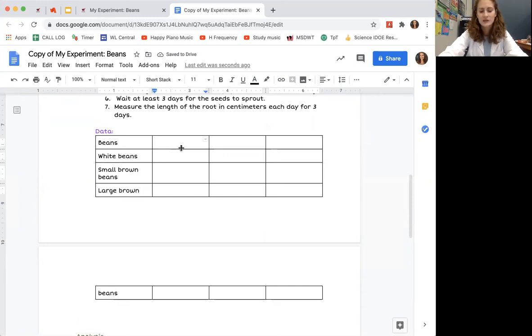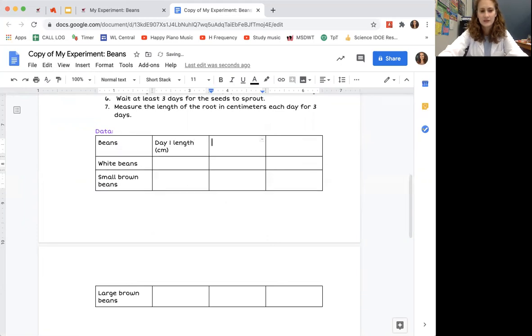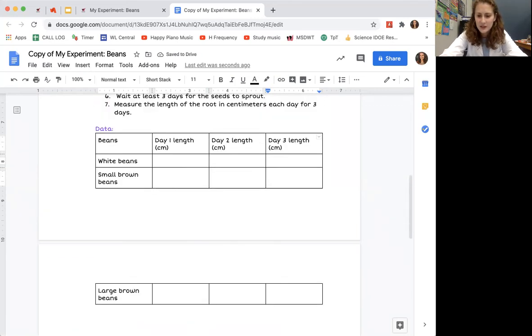And this will be day 1 length in centimeters, day 2 length in centimeters, and day 3 length in centimeters. Okay, that's our data table. We'll come back to this on Monday next week and finish our experiment.